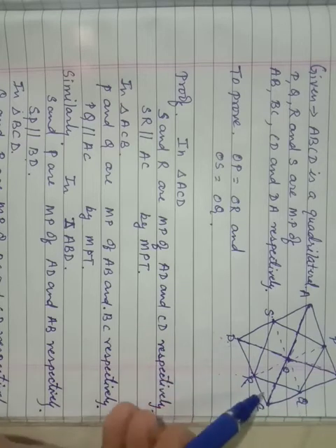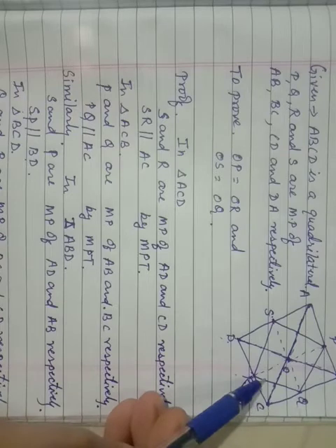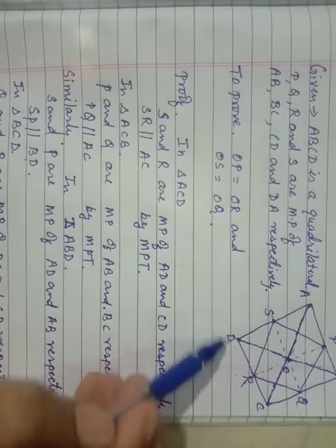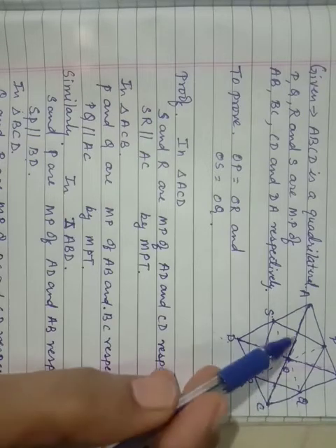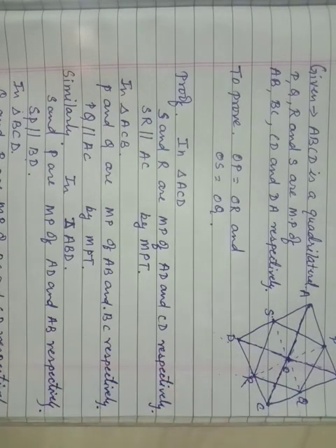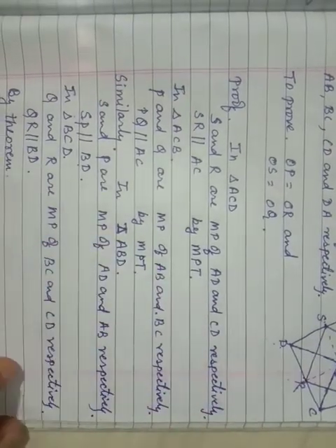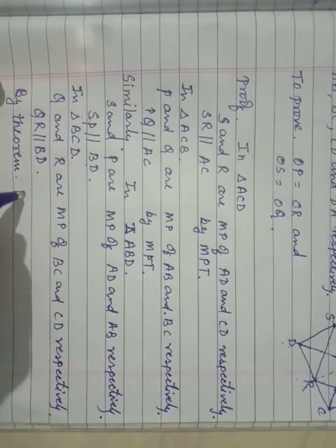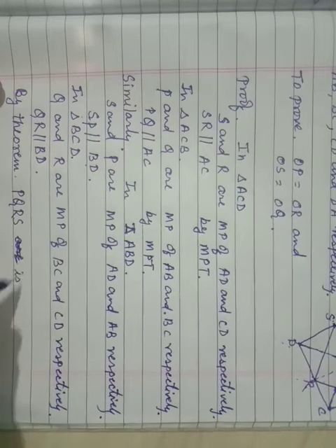So we have got two pairs now. SP is parallel to QR and SR is parallel to PQ. Okay, so these opposite sides are parallel to each other. It means by theorem we can say that PQRS is a parallelogram.